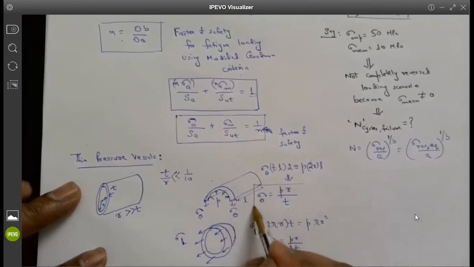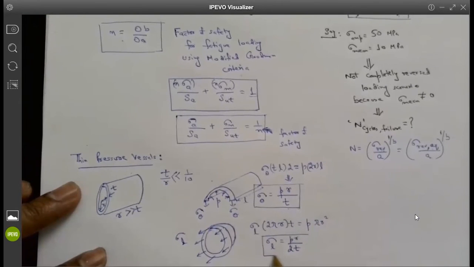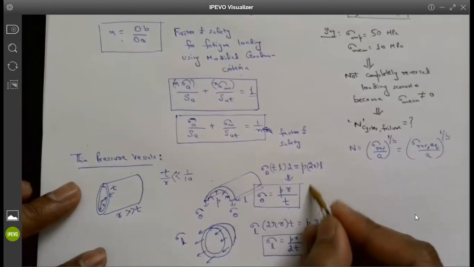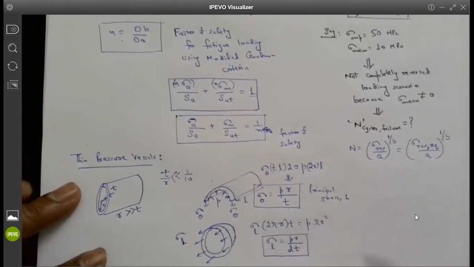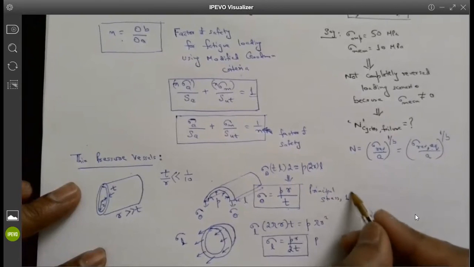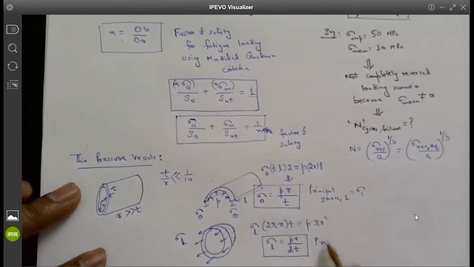These are also your principal stresses, because for thin pressure vessels there are no shear stresses, and if there are no shear stresses, then the normal stresses are also called principal stresses. One of the principal stresses is this; let me call it principal stress number 1, sigma 1, and this is principal stress number 2.